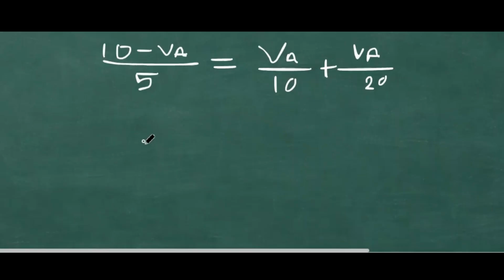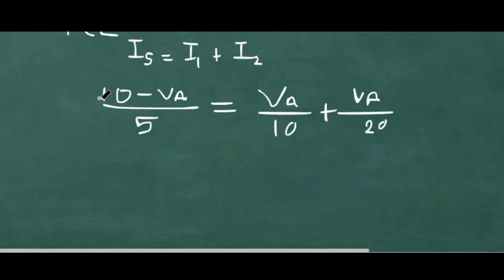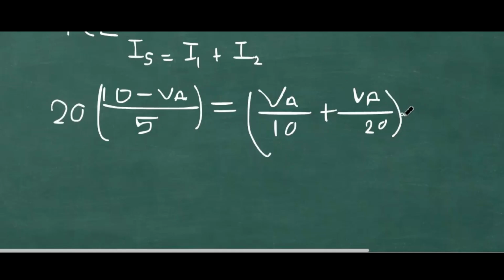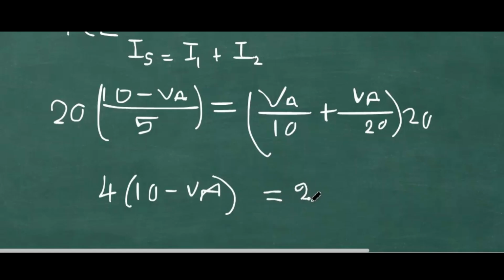To simplify this mathematical expression, I will multiply both sides by 20. Then I get 4 times (10 minus VA) equals 2VA plus VA.